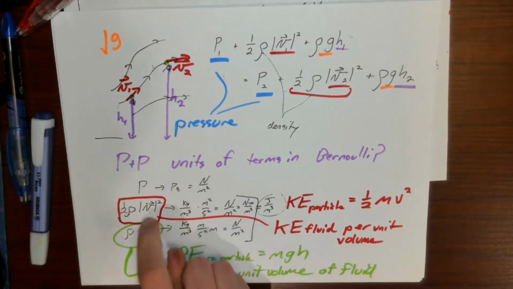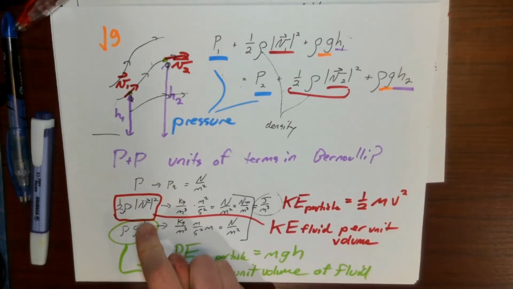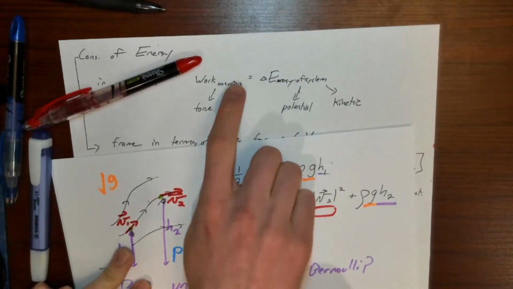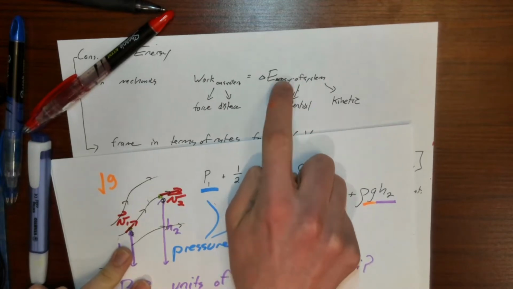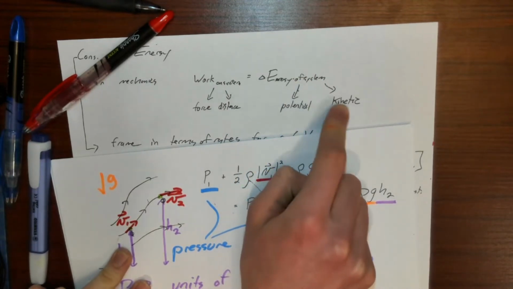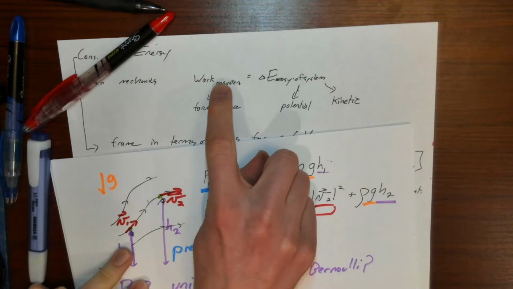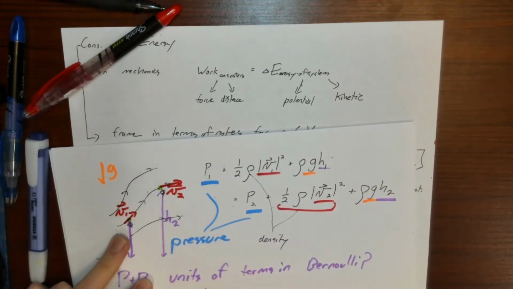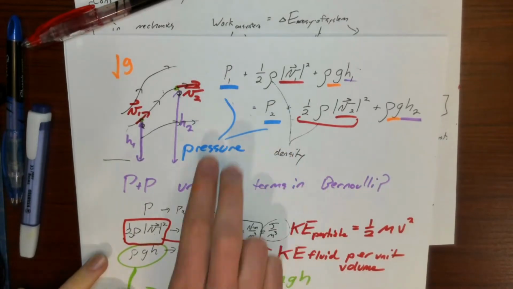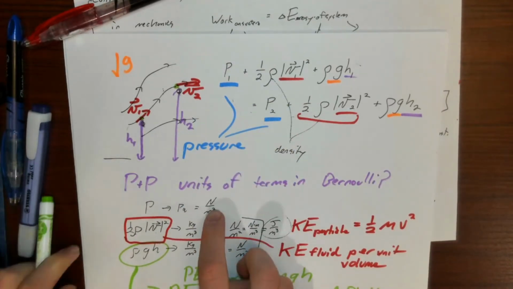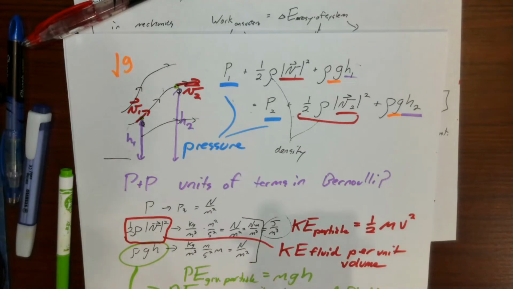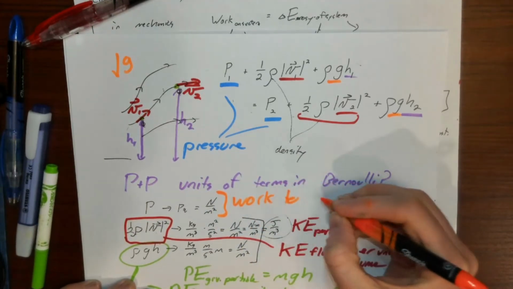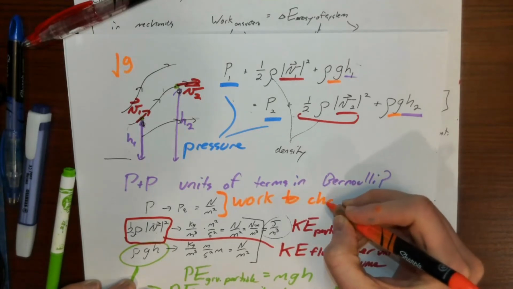And what might actuate changes in fluid? Well, if we talk about conservation of energy, the changes of energy of the system, those can be potential or kinetic. What enacts those changes of energy? Work. And it's basically pressure, this force per area, that does the work to change energy.